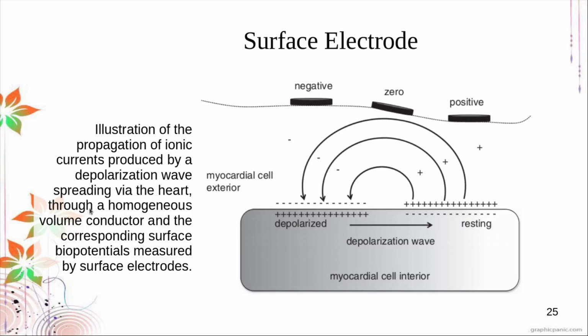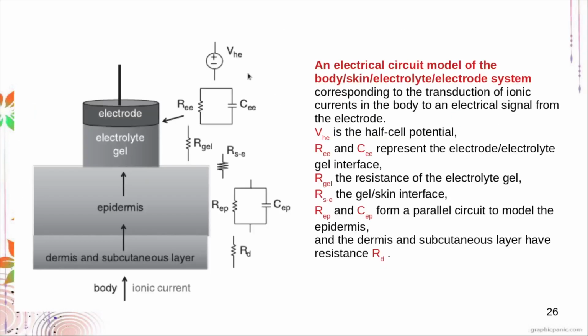So the depolarization spreads from the heart through a homogeneous medium. So this here is a homogeneous model, a homogeneous volume conductor, and the corresponding surface biopotential measured at surface electrodes. So here are your surface electrodes. Here is a positive electrode because the propagation goes positive to negative, so there's an excess of positive here, and an excess of negative on this region.